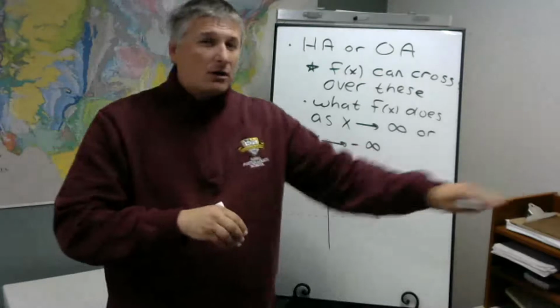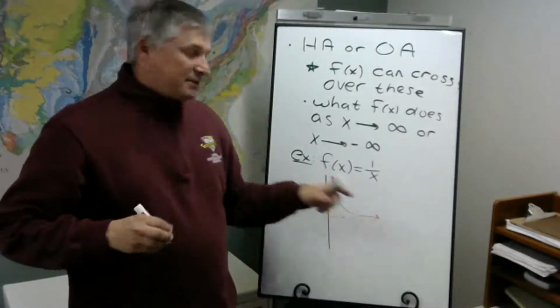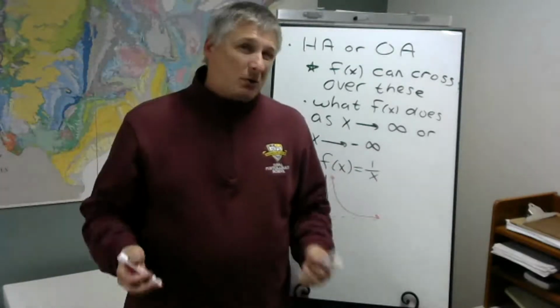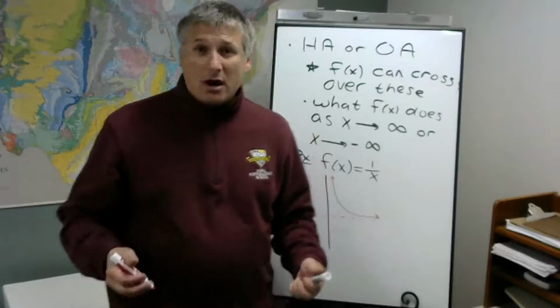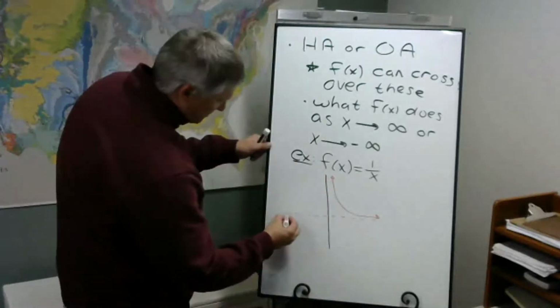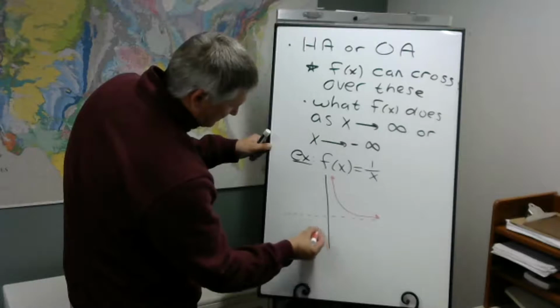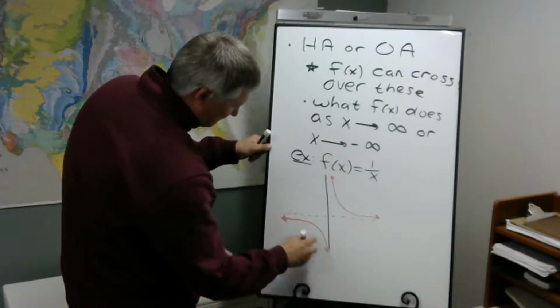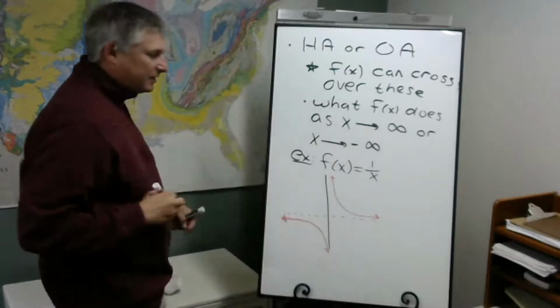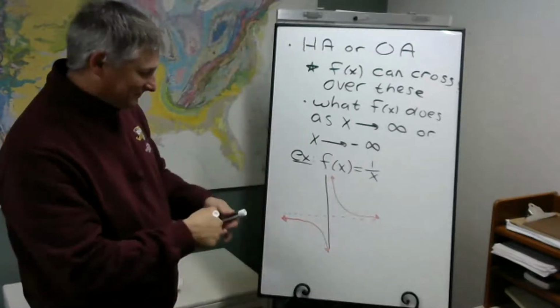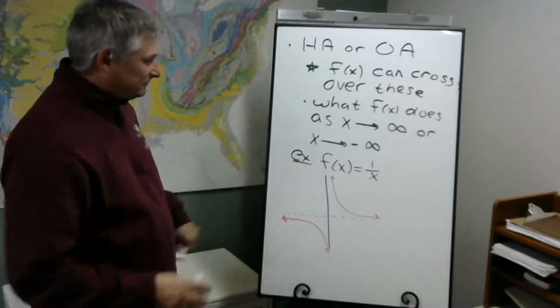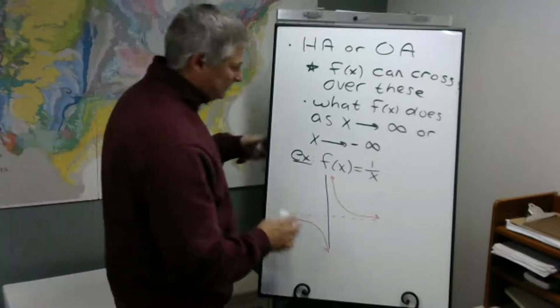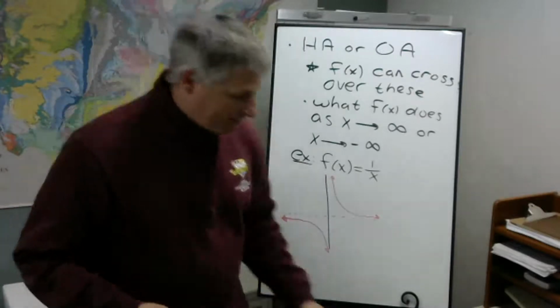It just follows along. Now, in this case, it doesn't cross over, but there are horizontal asymptotes that functions do cross. Of course, the other branch does something like this. As x goes farther down the negative x-axis, it gets closer and closer to that line. Anyway, so that's the idea of a horizontal asymptote.